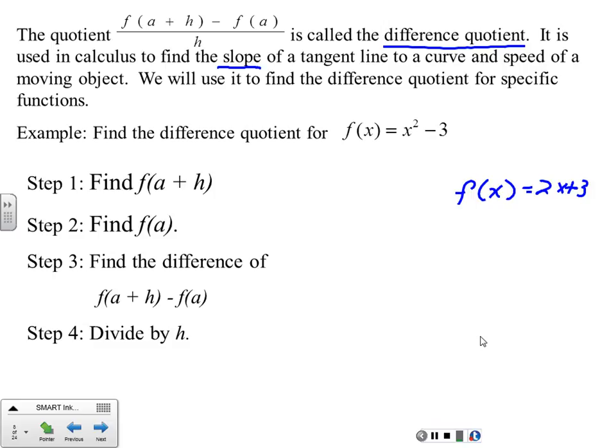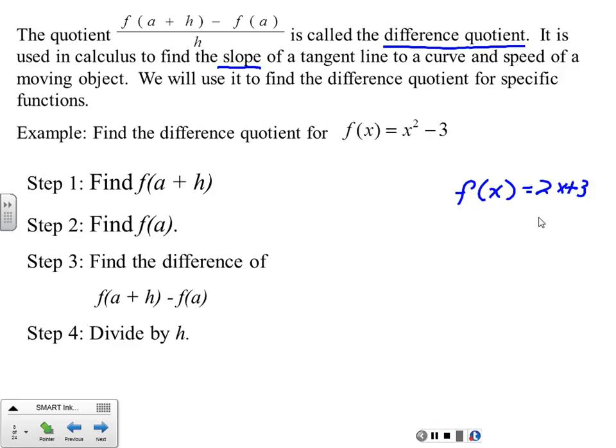Could you tell me the answer if I applied the difference quotient to this problem right here? If the difference quotient tells me the slope of the function, could you tell me the answer without even applying it? It's going to be what? 2. Right here's your slope.